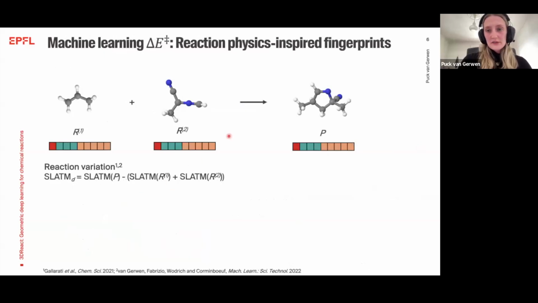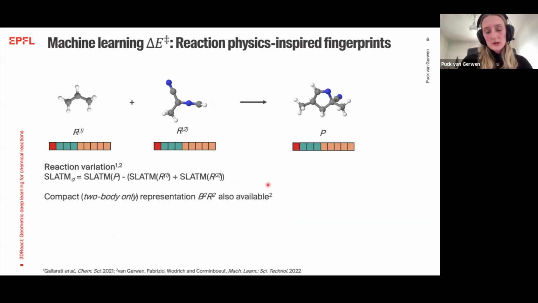The natural extension to featurize reactions is to construct these fingerprints for each of the molecules present in the reaction, and then construct a reaction fingerprint by linearly interpolating between these structures, just taking the difference between the products and the reactants. This is something that we have done.